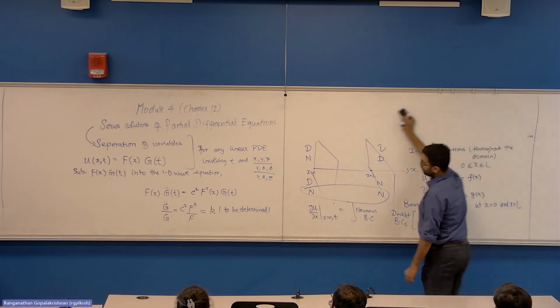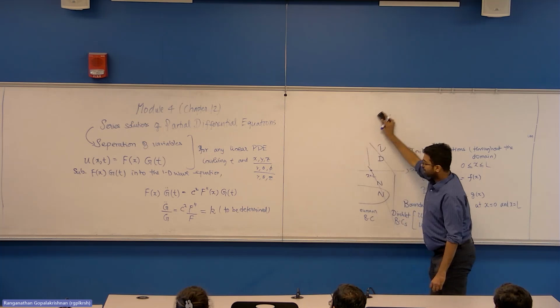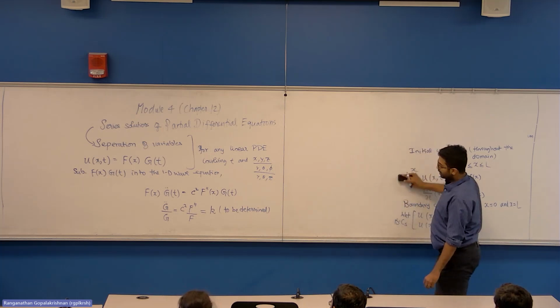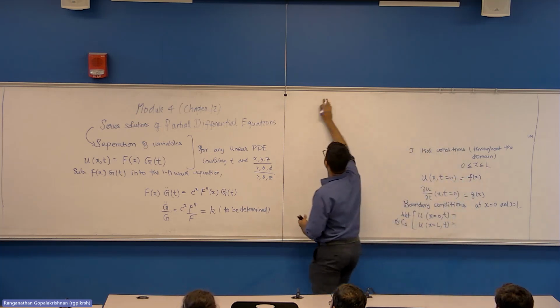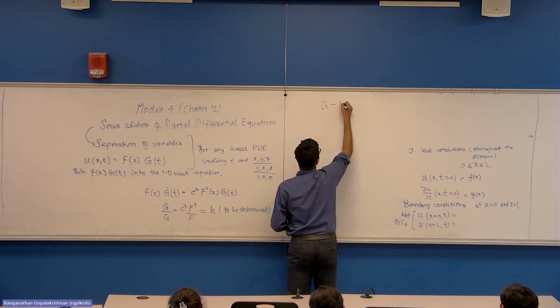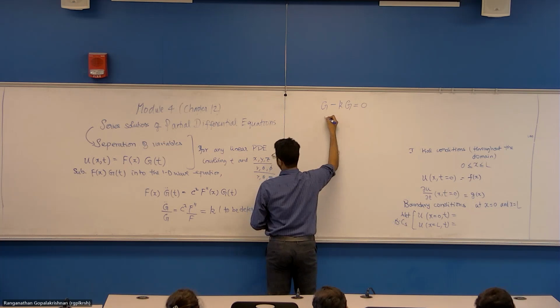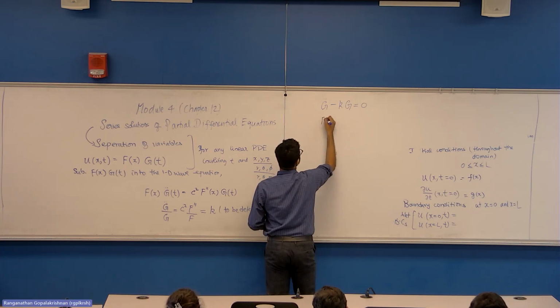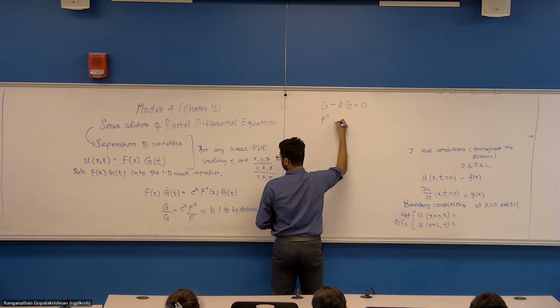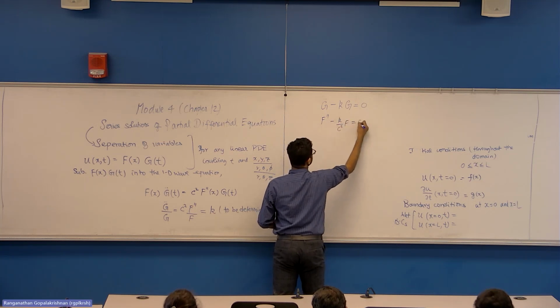So what we have gotten ourselves is, instead of a PDE, we now have two ordinary differential equations. So you can write G double dot minus K times G equal to 0 and F double dash minus K over C squared times F equal to 0.